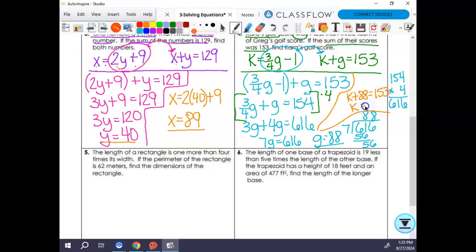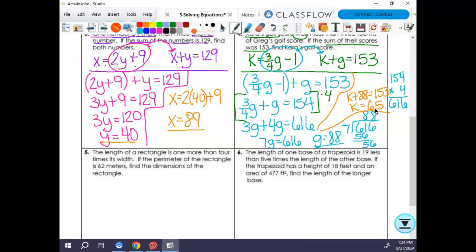So Karen's score, 153 minus 80 would be 73 minus 8, 65. Is that what y'all got? That's what I got. Again, I'm pretty confident you would get to use a calculator on those, but we need to practice that kind of stuff sometimes too.